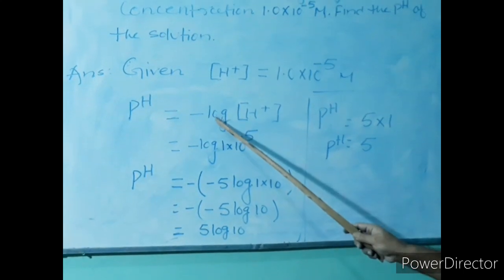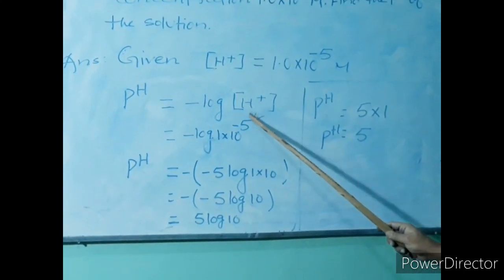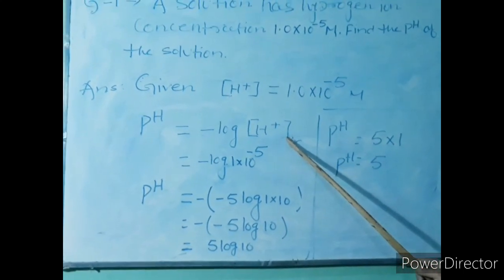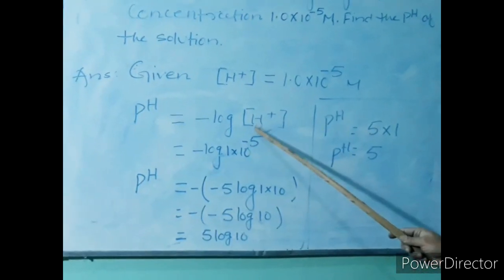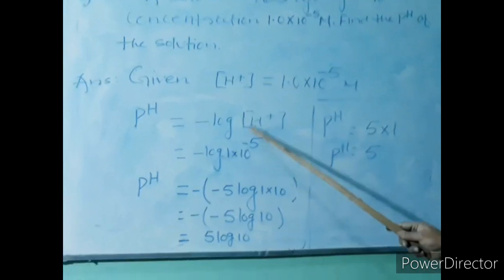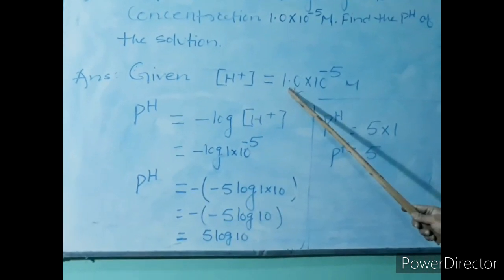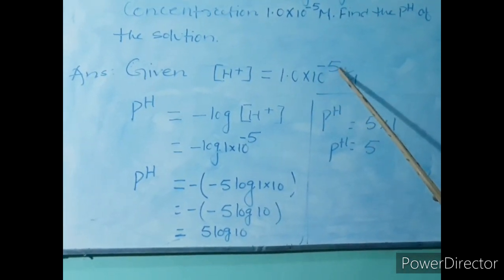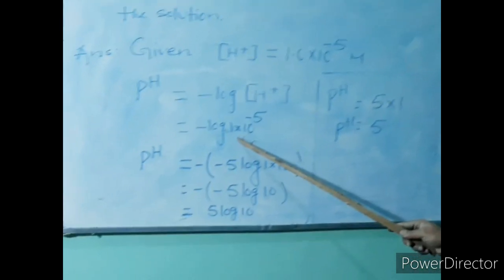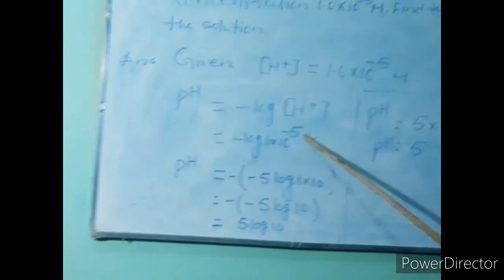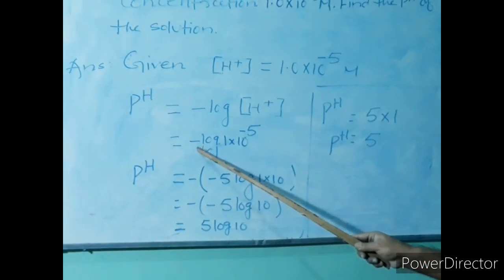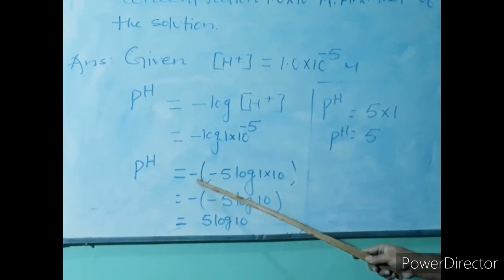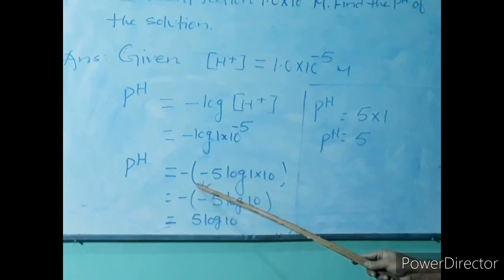Now we have the value of hydrogen ion concentration, 1 into 10 to the power minus 5. I have written here 1 into 10 to the power minus 5. Now pH equals minus, and let us start a bracket.